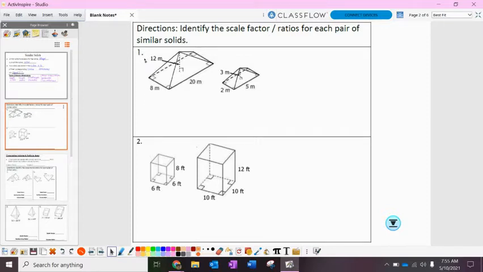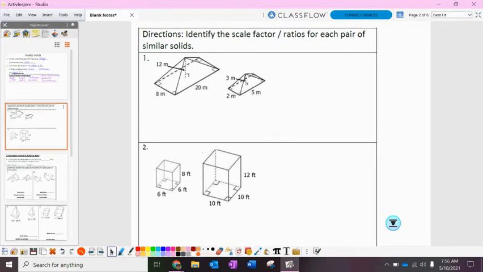If this is the larger of the two figures, I want to always put the larger height on top and compare its ratios to the smaller's. I could do smaller to larger. I just want to be consistent about always putting them in the same place. So its height is 12 to the 3 in the smaller when we're comparing height. Okay, and we're going to see what that simplifies to.